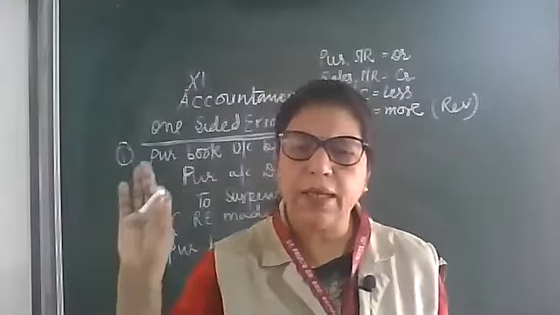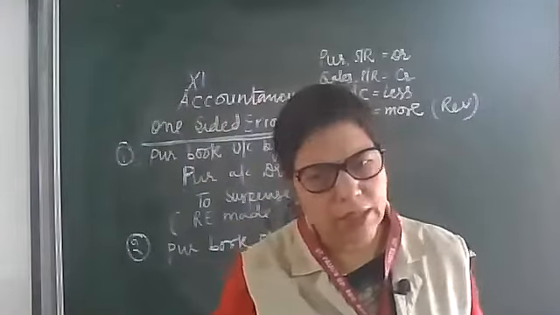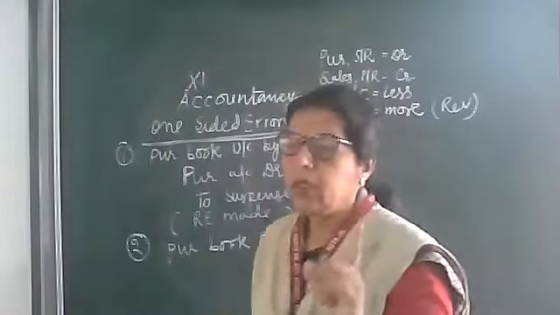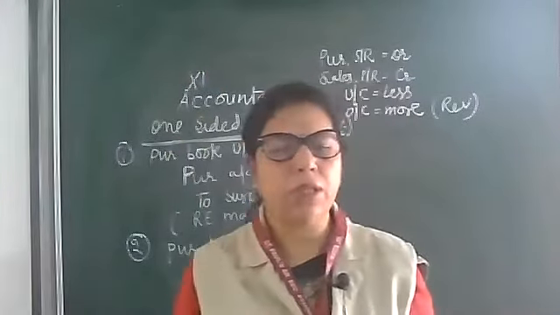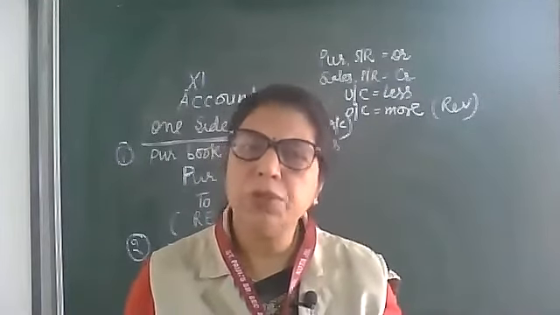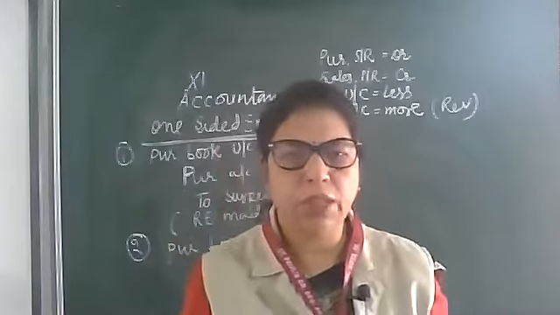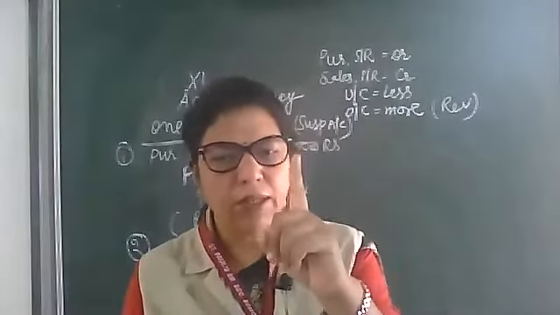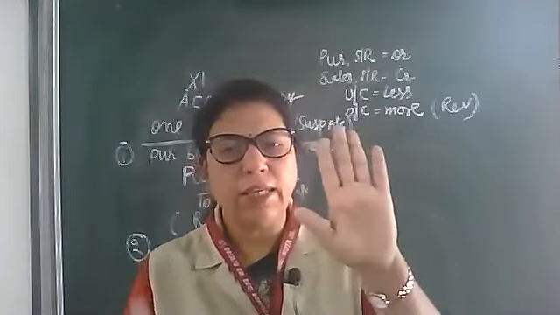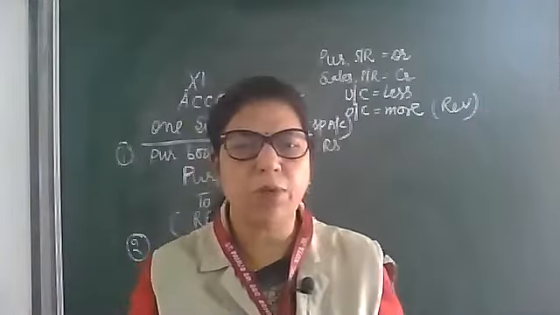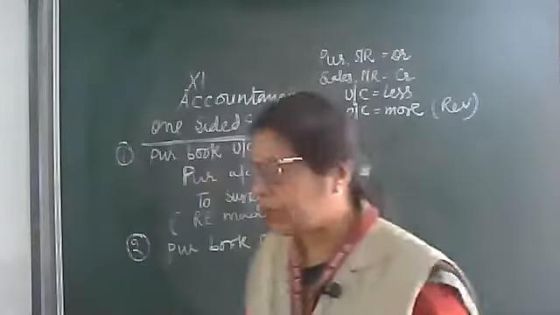Various reasons are there for undercasting and for overcasting. In place of 1,000, you made the total of 10,000. That is also overcasting. Okay, Rabjot? Got it? In place of total of 1,000, you totaled 10,000. So that will be the problem of overcasting.